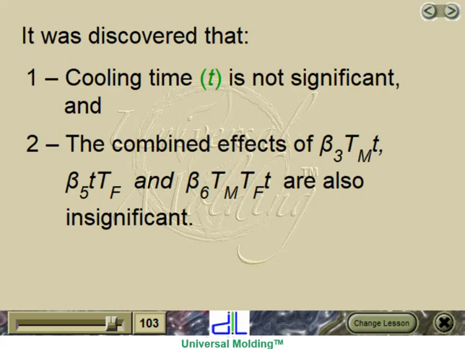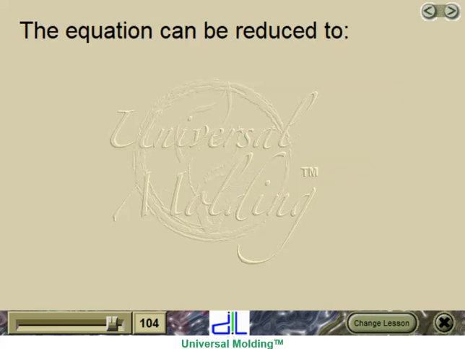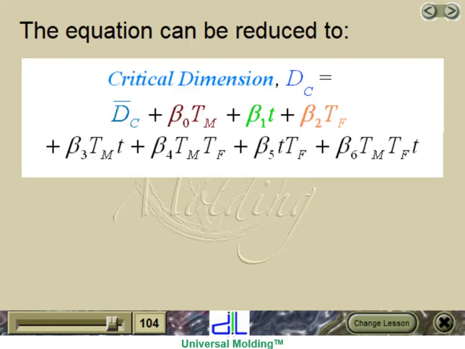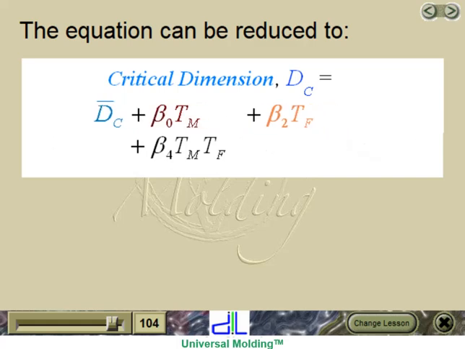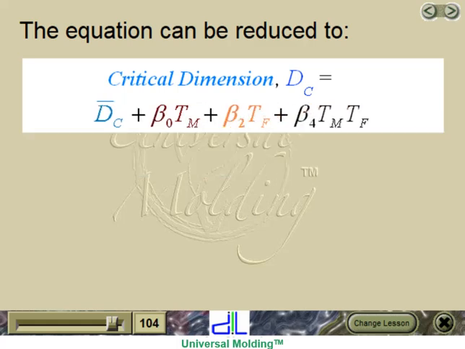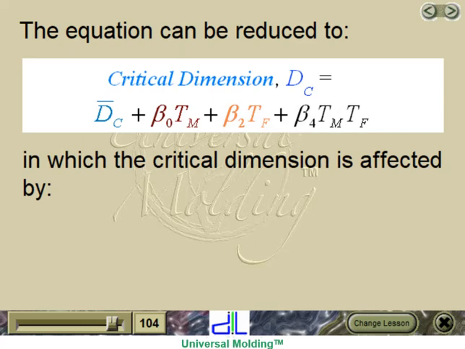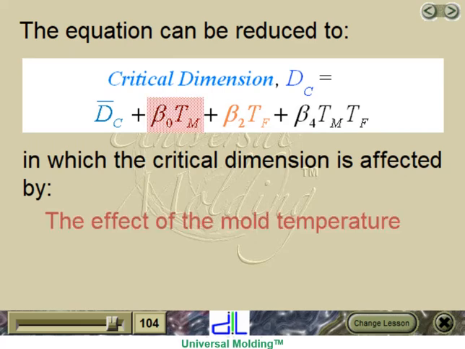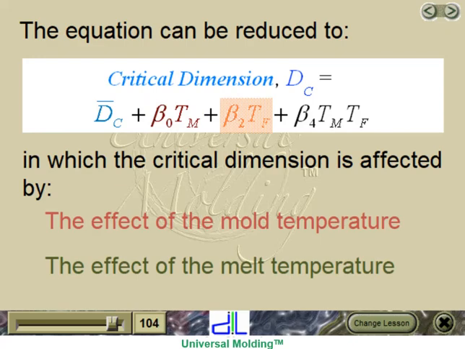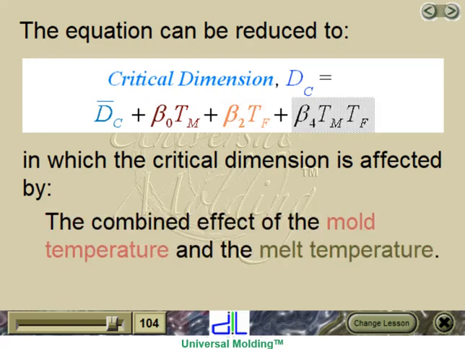The combined effects of B sub 3 T sub m T, B sub 5 T T sub f, and B sub 6 T sub m T sub f T are also insignificant. The equation can be reduced to the following. In which the critical dimension is affected by the effect of the mold temperature, the effect of the melt temperature, and the combined effect of the mold temperature and the melt temperature.